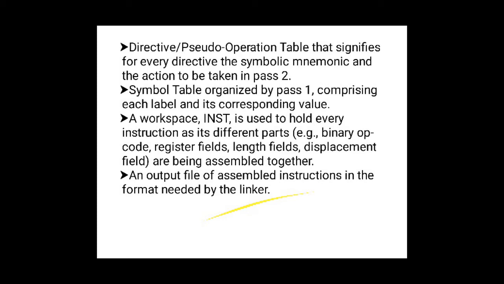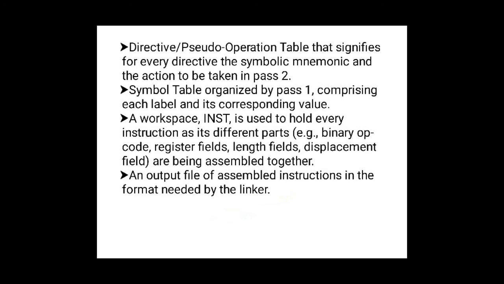Now for the pass 2 databases, first they have a copy of the source program. This is done with the knowledge from pass 1. Then we use the location counter, followed by the MOT, the machine operation table, which signifies for every instruction the mnemonic, what is the length, what is the binary machine opcode, and the format they are using, whether it is RR, RS, RX or SS.